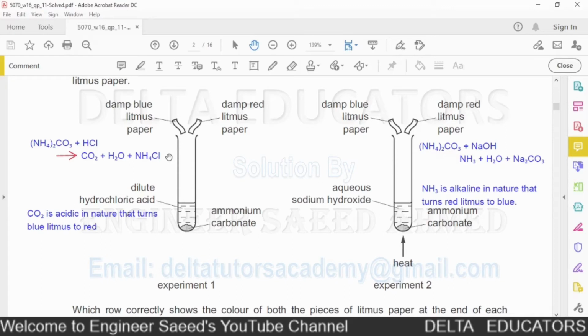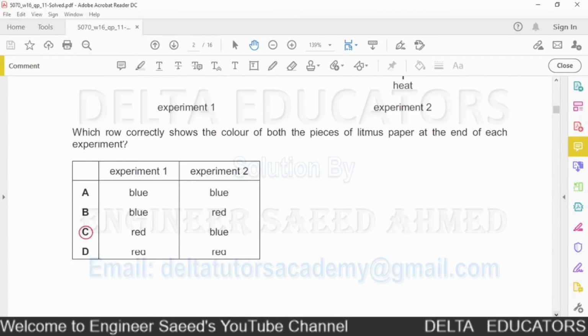Here ammonium chloride is a salt and carbon dioxide is a gas that is acidic in nature, and acidic gases turn blue litmus paper to red. So in experiment 1, at the end of the experiment, we will get red litmus paper. Now we check the options first. In experiment 1, red litmus paper is given in options C and D, so possible options are C and D.